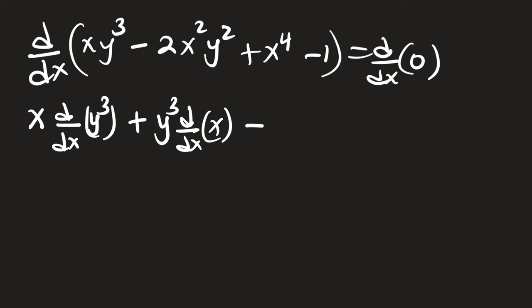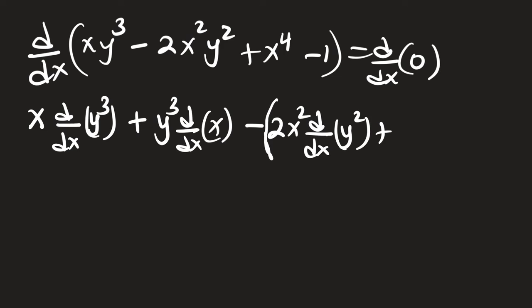Then the second term is a product of x squared and y squared. So I have a 2x squared, take the derivative with respect to x of y squared. Then plus, let me put a parenthesis right here, plus 2y squared, take the derivative with respect to x of 2x.